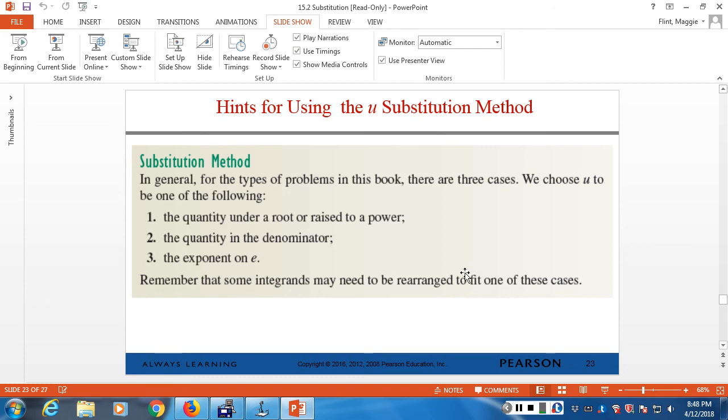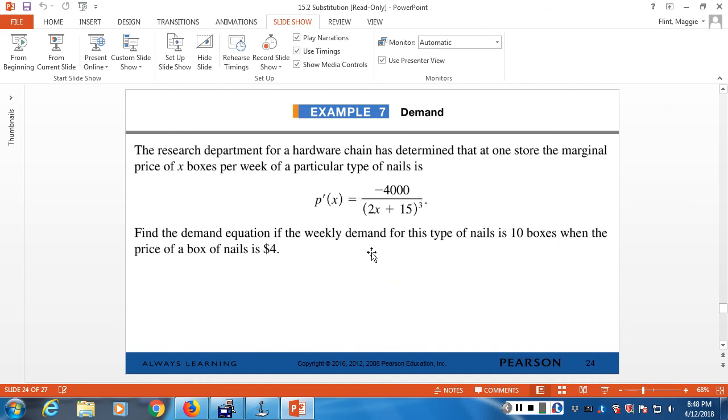So we're going to go to the demand function that we have. It says the research department for a hardware chain determined that at one store the marginal price of x boxes per week of a particular type of nails has this function, and that is the derivative, not the function.